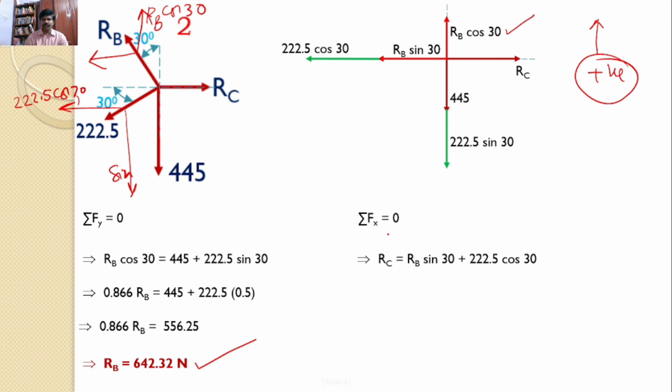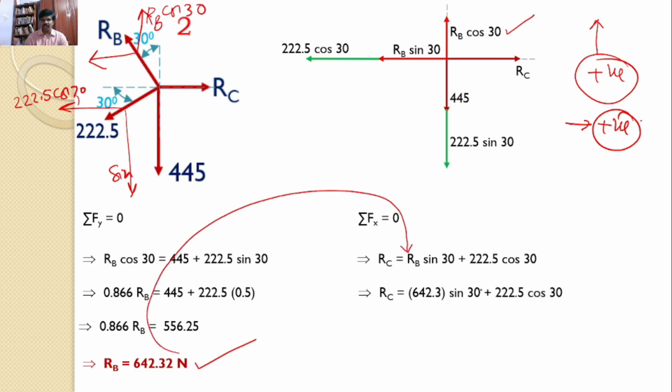You can also take sigma Fx is equal to 0 to find the value of RC. Now I will take this direction as my positive direction. So RC is equal to RB sin 30 plus 222.5 into cos 30. You know RB is equal to 642.32, you can substitute here.